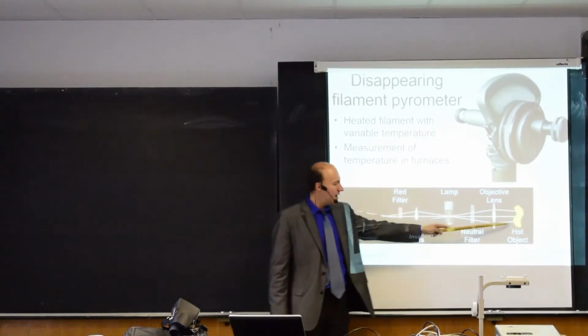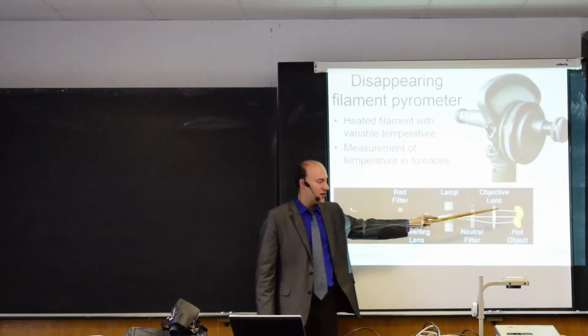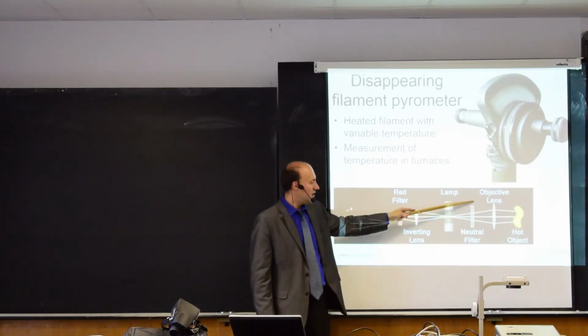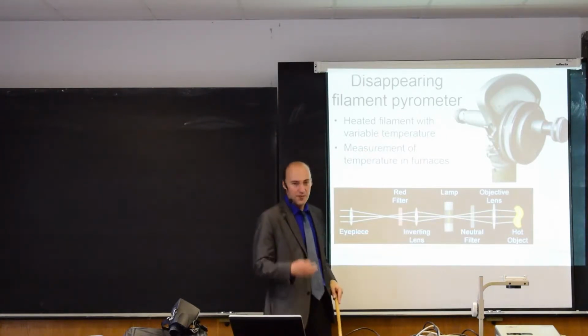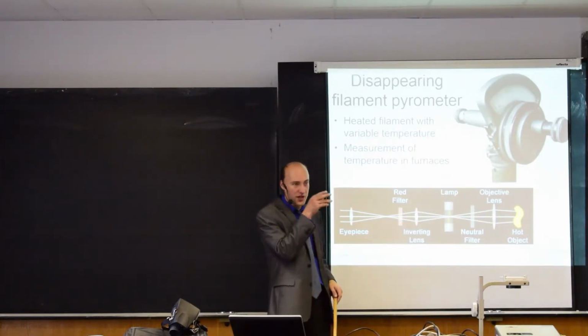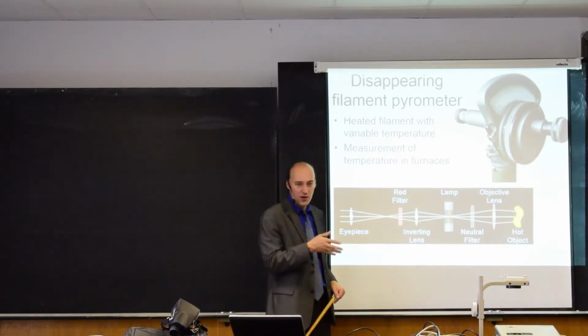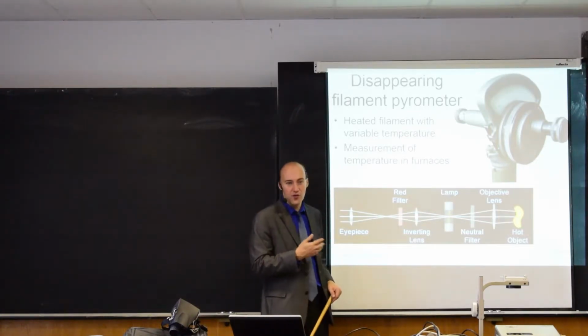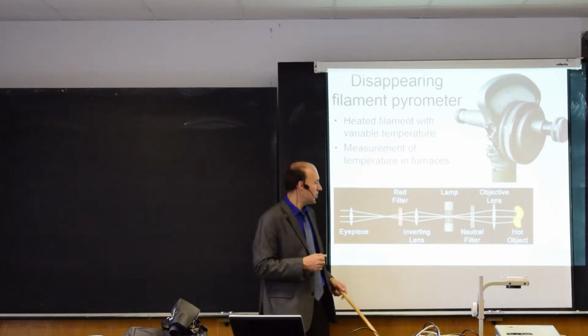We have a hot object. The radiation is focused by a lens. Eventually it's going through a filter that will decrease the radiation so that we can look directly at the object. It could be an oven, for example, where we melt glass or where we melt some metals.